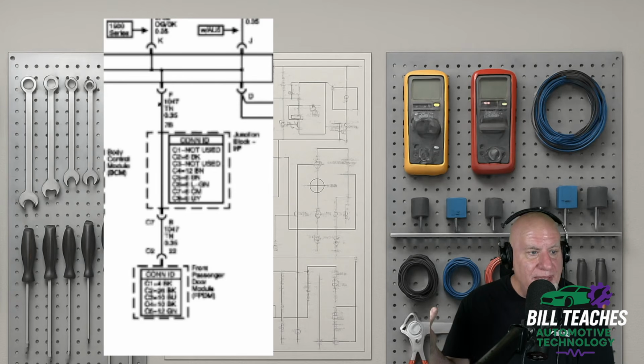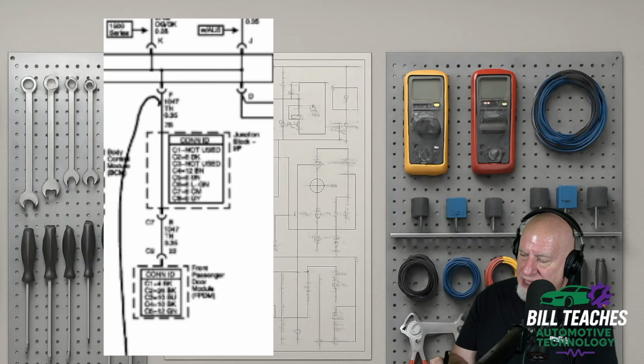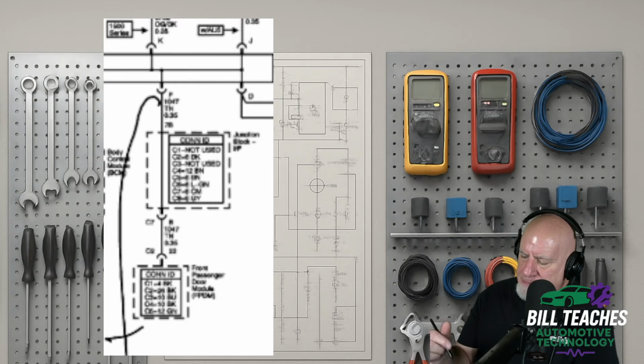Use our ohm meter, and if we have continuity, if we have anything other than a big OL, which stands for out of limits, then I have a problem. I've got a short to ground. But if it has OL out over limits, that's good. We don't have a short to ground.